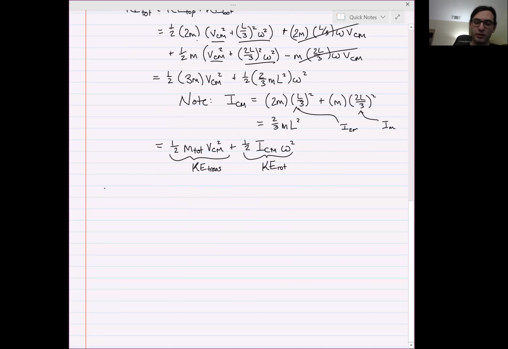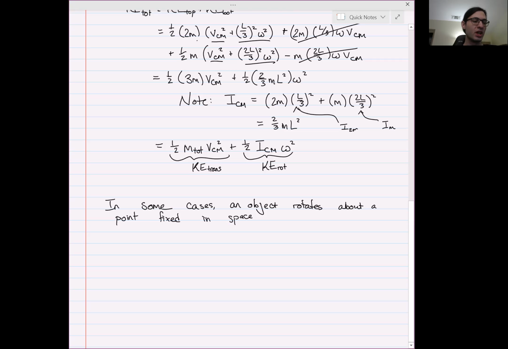So in some cases, an object rotates about a point fixed in space. And I will elaborate on this in a minute.